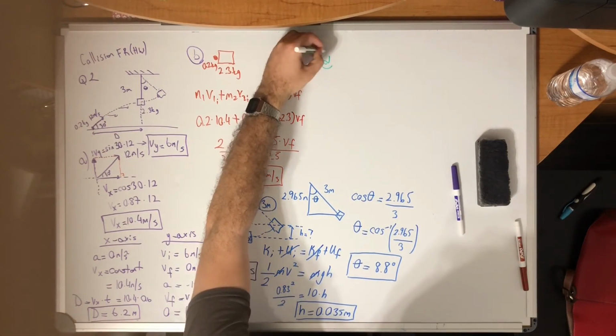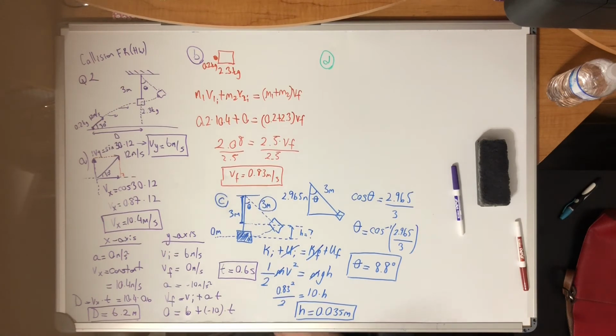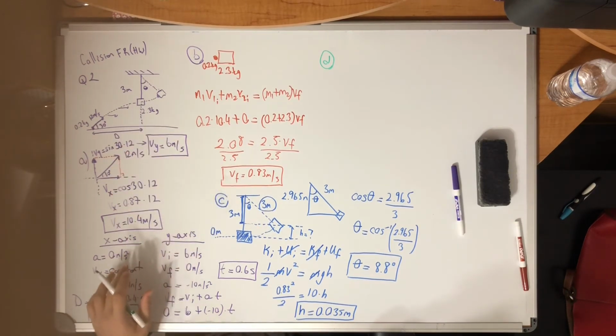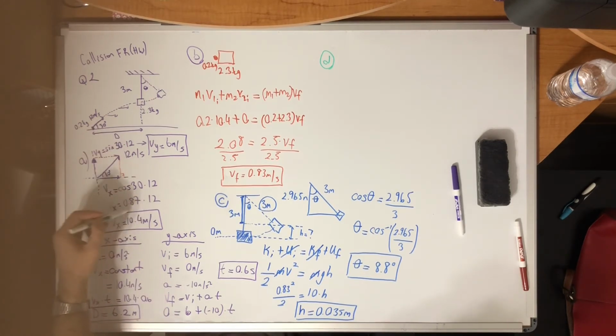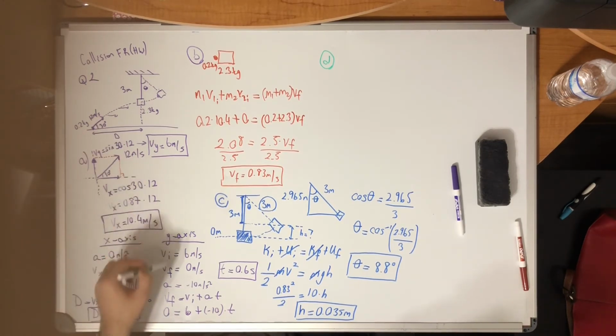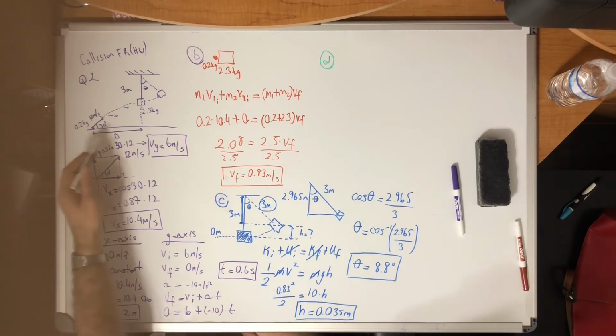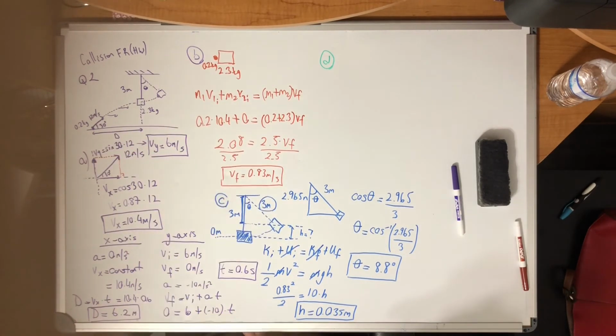In part D, they are asking, if you had a heavier object, the clay, then how would this angle get affected? So thinking about it, this initial velocity is not dependent on the mass. So you would have the same velocity regardless of the mass.